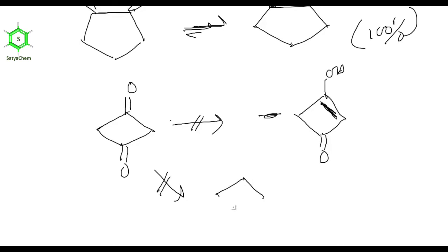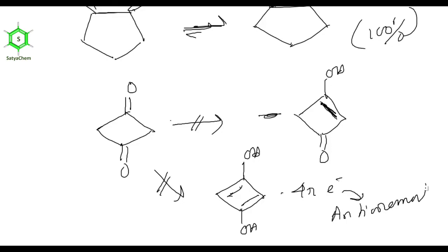In dienol form, there are 2 double bonds in the 4-member ring, and additionally the number of pi electrons here is 1 2 3 4, 4 pi electrons, so that is why it is anti-aromatic. 4 pi electrons over a monocyclic ring is an anti-aromatic system.